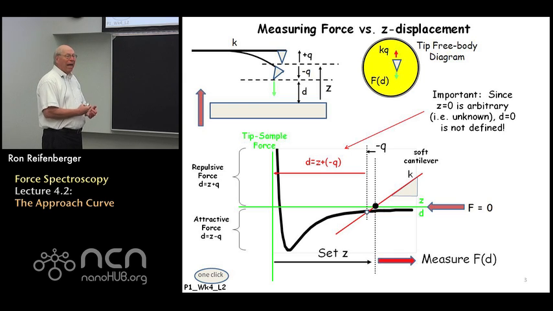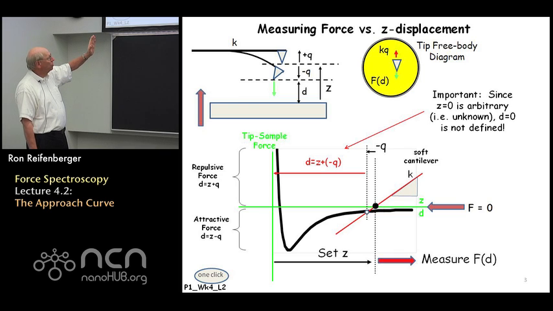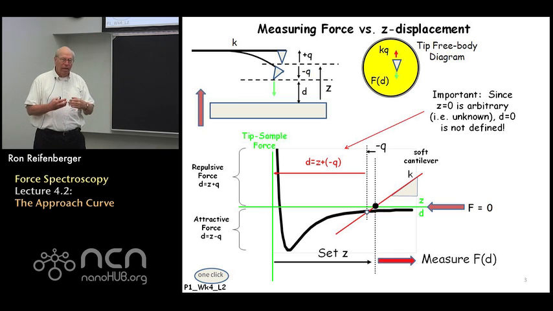So what happens when you position the cantilever a certain distance z away from a substrate? Well, there's an interaction force, and let's pretend we don't know the exact shape of it, but it's going to have a shape something like that indicated by the dark line in this slide. We position the cantilever a distance z away from the substrate. We then imagine turning on the tip-sample interaction forces.